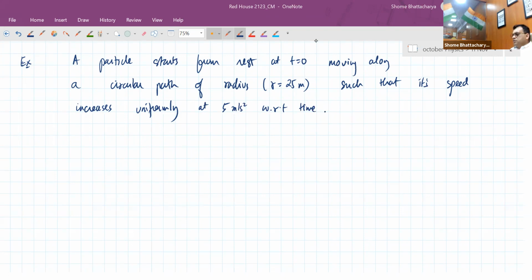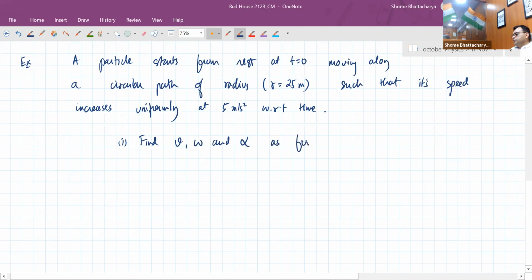Yeah, Aman, I'll scroll back. Let's write down this question also first. What we have to do here is first of all find its speed, its angular speed and angular acceleration as functions of time. Then also find out the centripetal acceleration magnitude and the tangential acceleration magnitude as functions of time.